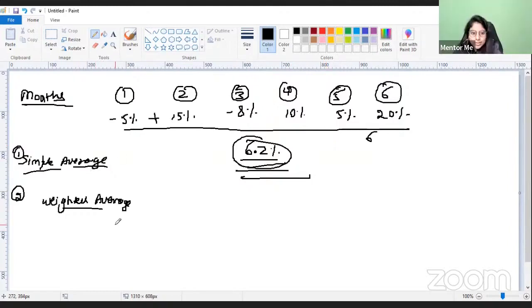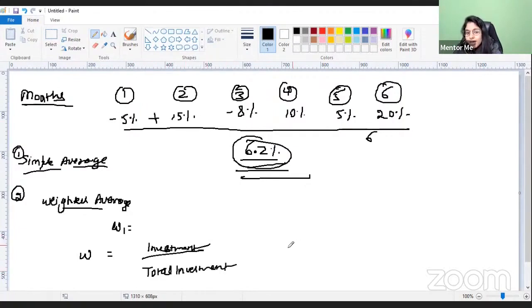So let's say in the first month our weight, which is basically, weight कैसे निकलता है? वेट निकलता है जितना हमने इन्वेस्टमेंट किया था इस मंथ में अपॉन जितना टोटल इन्वेस्टमेंट हमारे पास है.